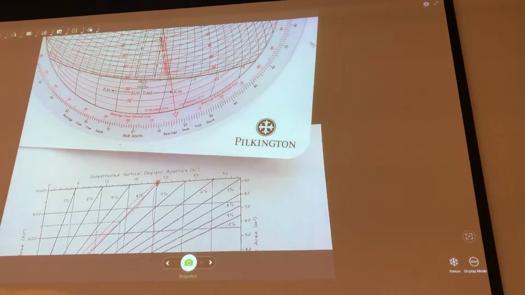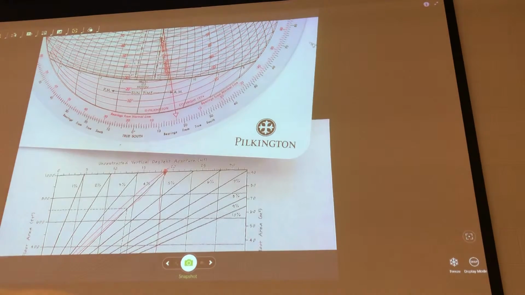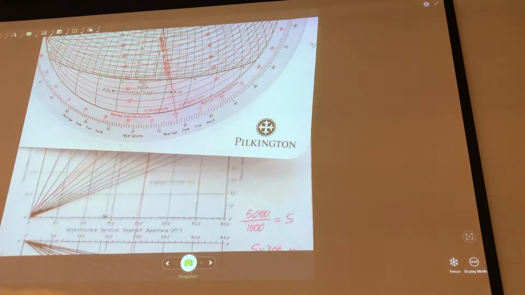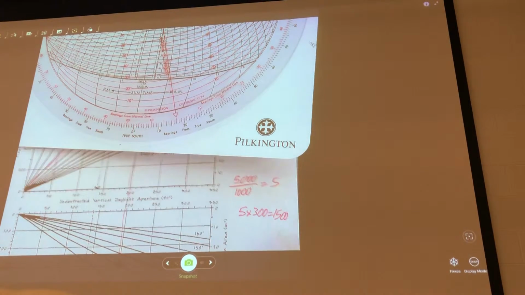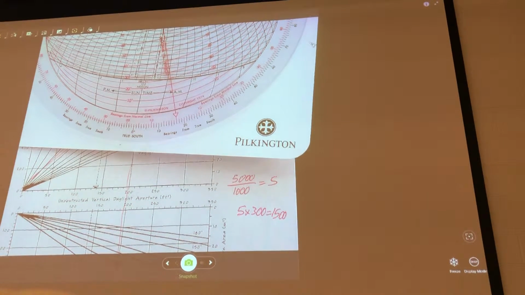It would be safe to go, there's 5,000 divided by 1,000 equals 5. 5 times 300 equals 1,500. Write out everything just so we can help follow along with you. So if you write this out in the blank space that's provided, that guarantees that we can follow along with what you're doing.